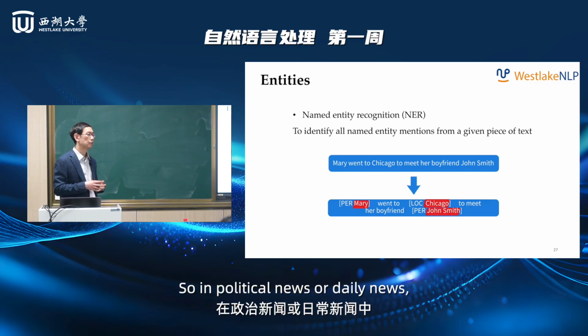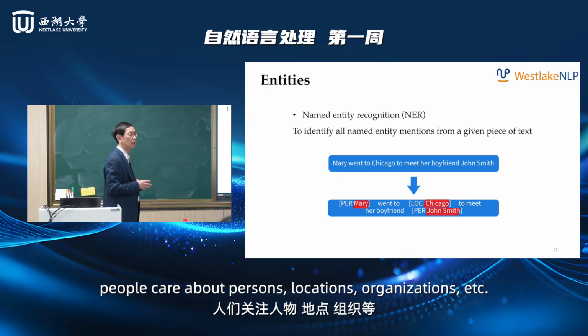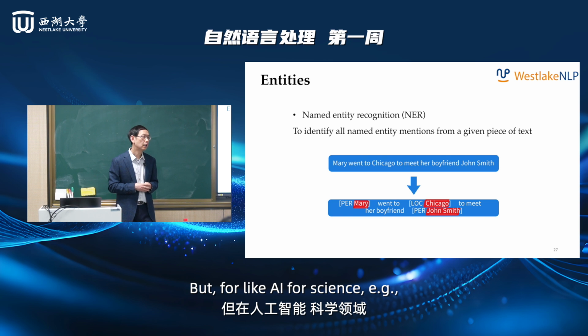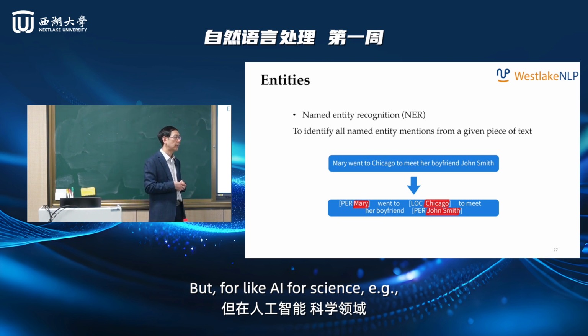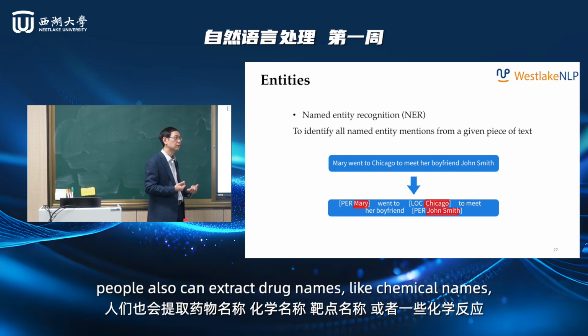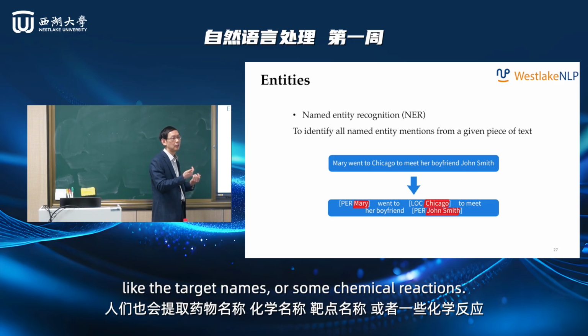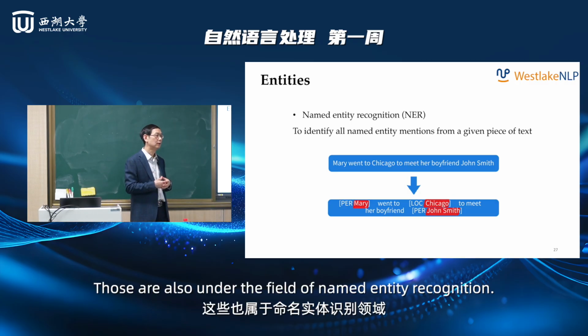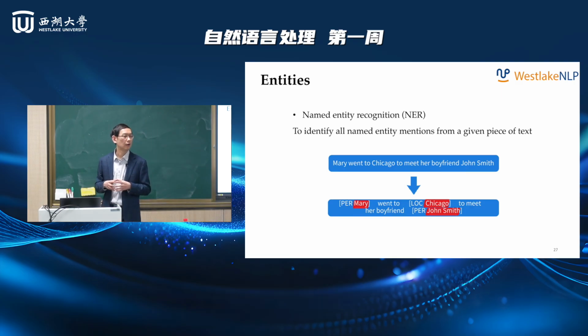In political news or daily news, people care about persons, locations, organizations, etc. But for AI for science, for example, if you have biology literature, people can also extract drug names, chemical names, target names, or some chemical reactions. Those are also under the field of named entity recognition.